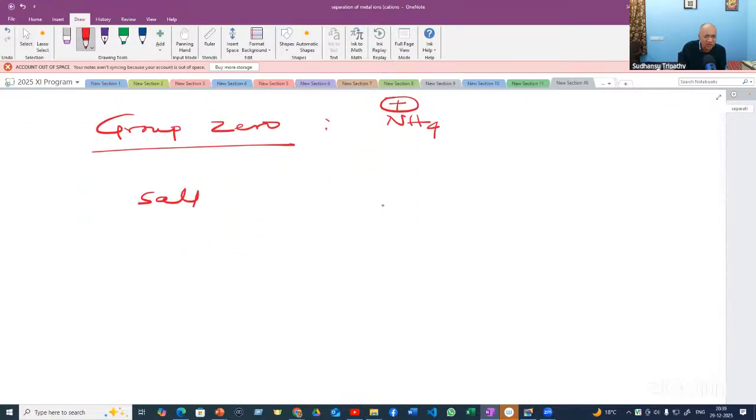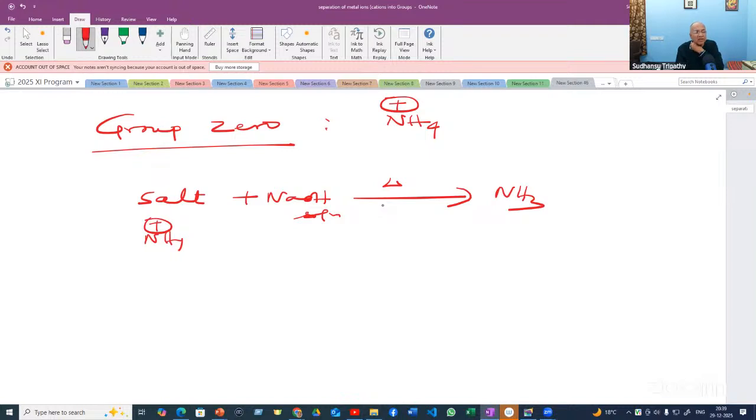To the salt, we add sodium hydroxide solution and heat, or soda lime. Sometimes you take soda lime, but sodium hydroxide is better. You get ammonia if it is an ammonium salt. Without going for systematic analysis first, finish this group 0. Add the salt with alkali, sodium hydroxide, heat, ammonia will come out.